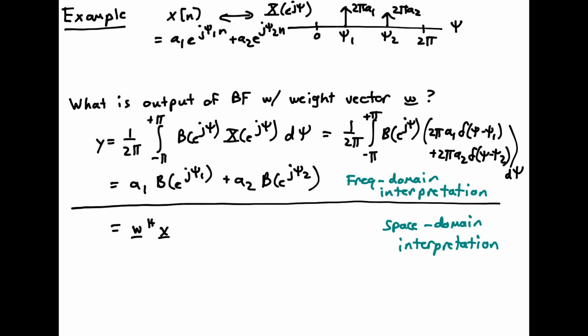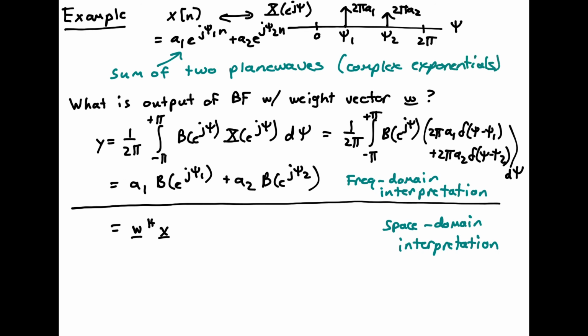I just want to emphasize this is the complex exponential in the space domain. This is a sum of two plane waves. The plane waves are the complex exponentials, and I can compute the angles associated with those plane waves given the vertical wave number.